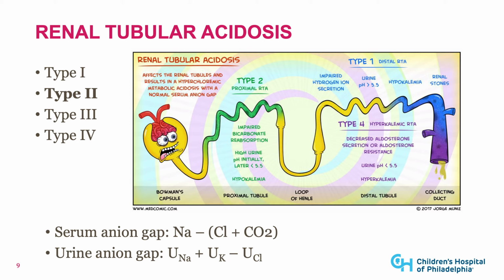Under physiologic conditions, urine sodium and potassium together should be less than the urine chloride due to the unmeasured ammonium. The physiologic urine anion gap should therefore have a negative number. When distal tubular acidification fails, the ammonium concentration will fall, and thus the urine anion gap may become neutral or positive. This indicates type 1 RTA.